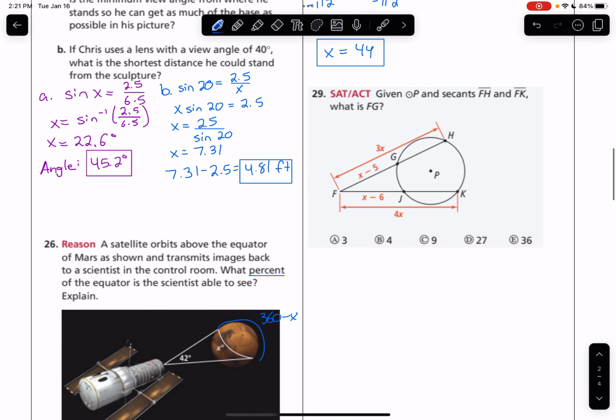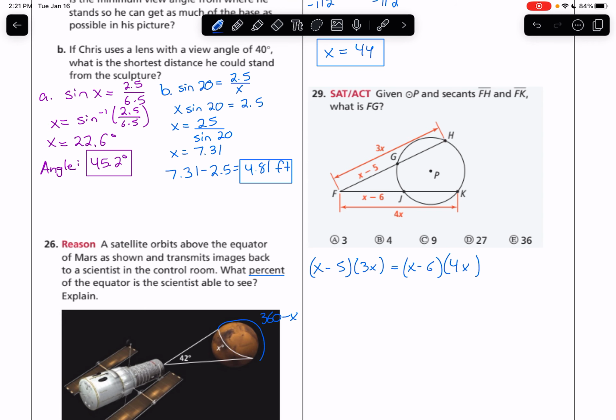And finally, number 29, given circle P and the secants that we have, what is FG? So we're using our secant segment algebra here, where the outside piece times the entire secant is equal to the outside piece times the entire secant, and setting up an equation. Outside piece x minus 5 times the entire secant 3x is equal to outside piece x minus 6 times the entire secant 4x.